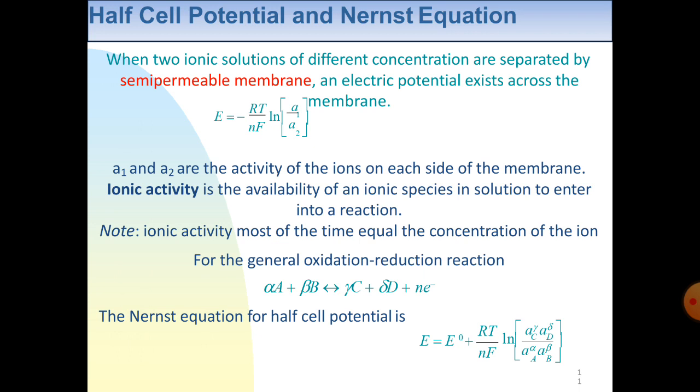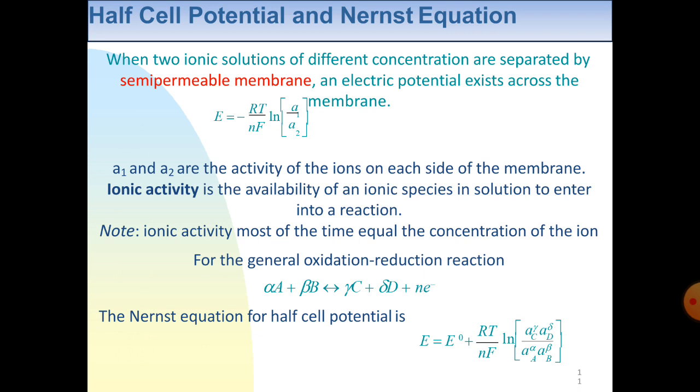So ionic activity is the availability of ionic species in solution to enter into a reaction. Here ionic activity is most of the time equal to the concentration of the ion. For the general oxidation reduction reaction, alpha A plus beta B plus gamma C plus Ne bar.